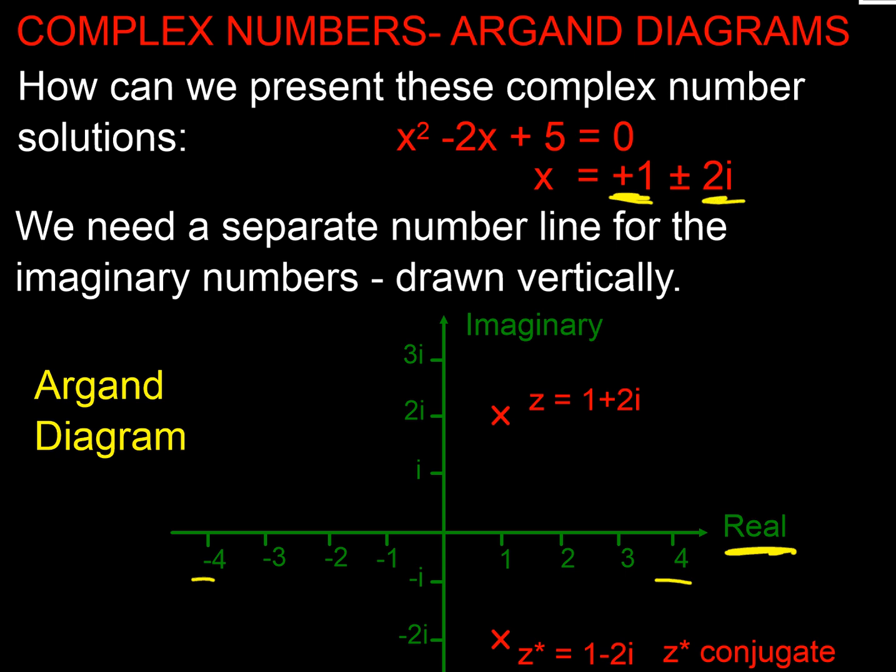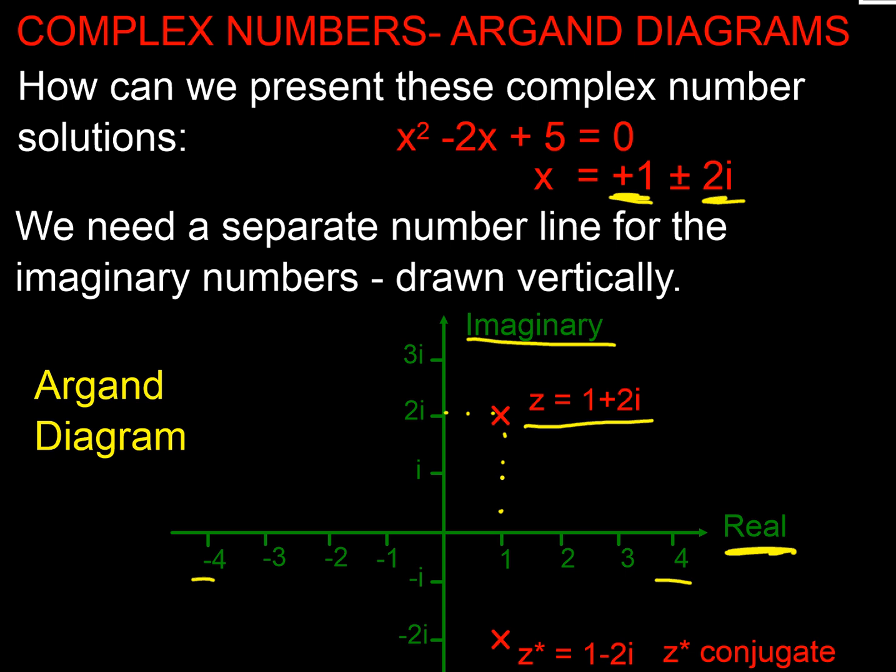What we do is create an imaginary number line, and we write that vertically at right angles to our real line. We've got a real line and an imaginary number line there. Therefore, if we want to position the number 1 plus 2i, we just go along 1 in the real direction and then up 2 in the imaginary direction. And there we mark our point.